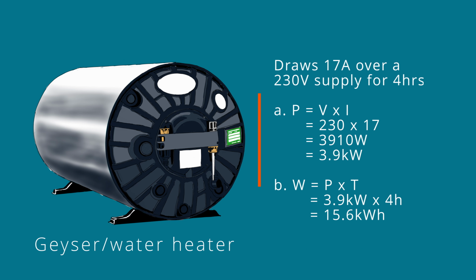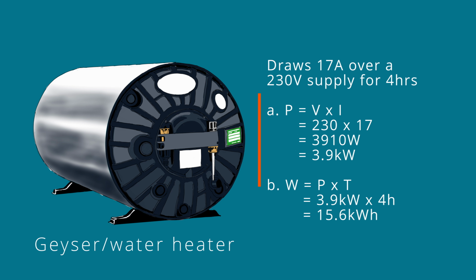Now let's go to part B. For part B, we know that energy or work done is equal to power times time. So in this example, energy or work done is equal to 3.9 kilowatts multiplied by 4 hours, which gives us 15.6 kilowatt hours. This is the energy consumed by this heater over a 4-hour period.